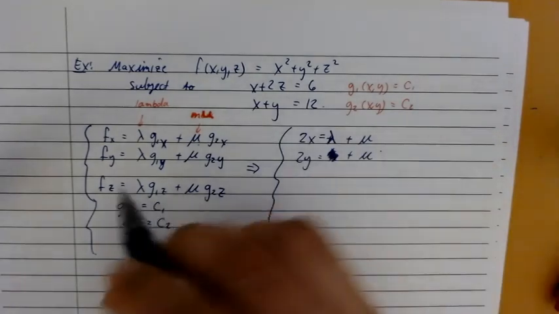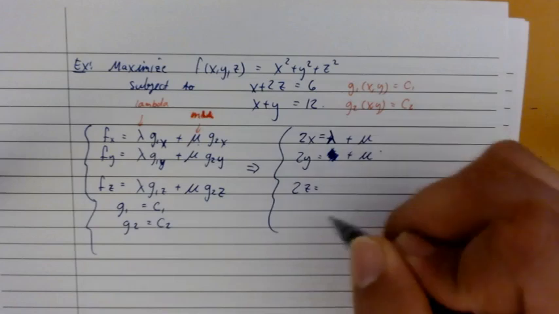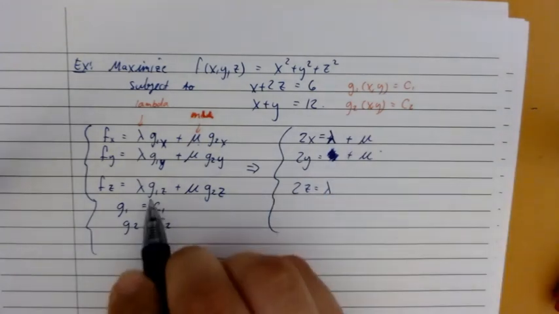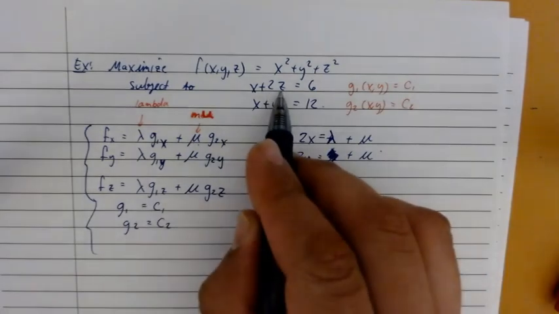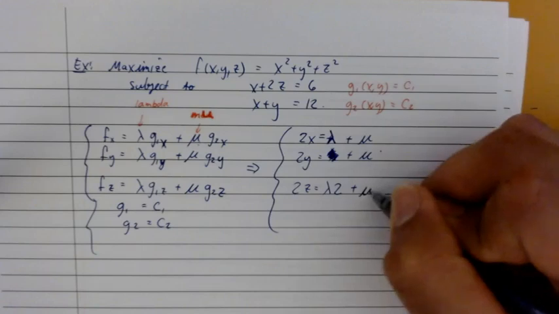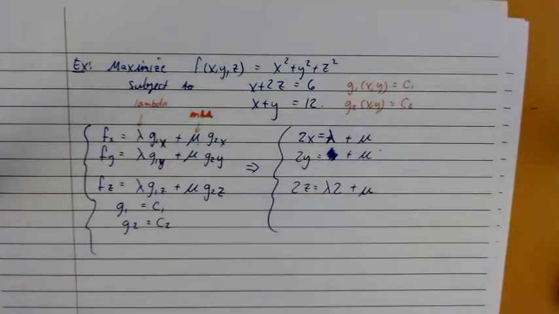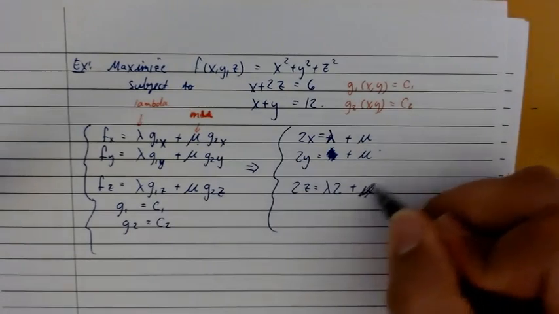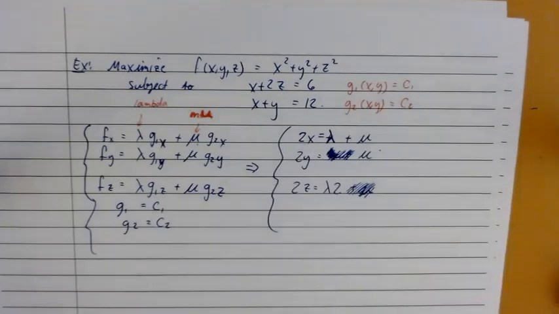And then the partial of f with respect to z is 2z, equals lambda times the derivative of the first function with respect to z, which is the number 2, so 2 lambda, plus mu times the derivative of the second with respect to z, which is 0, so I'll leave that off.